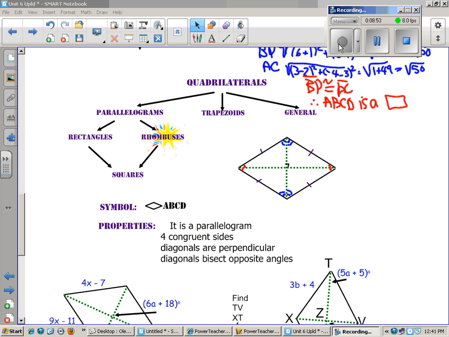The diagonals make right angles, and they also bisect the opposite angles. So this diagonal bisects that angle, and this diagonal bisects those two. Make sense? Again, memorize. You got to know these. Those are the 3 characteristics of a rhombus.